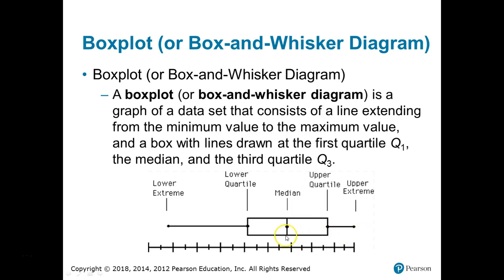What we are saying is this is 25% of the data values from the minimum to Q1. 25% of all the data values lie between Q1 and Q2. 25% fall between Q2 and Q3. And 25% fall between Q3 and the maximum. It's a way that we're showing spread.